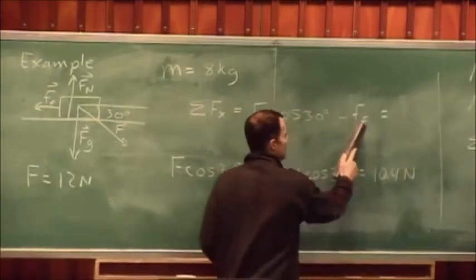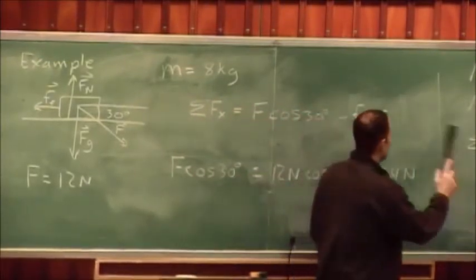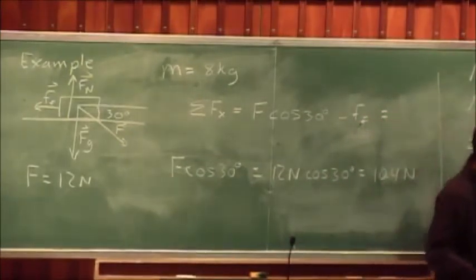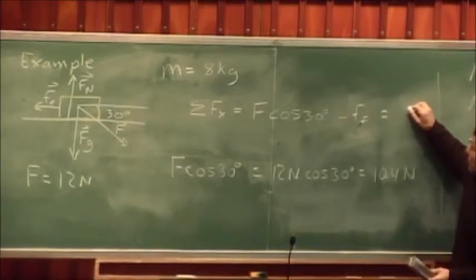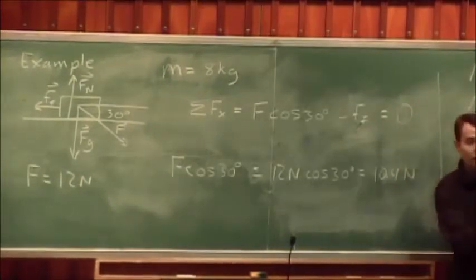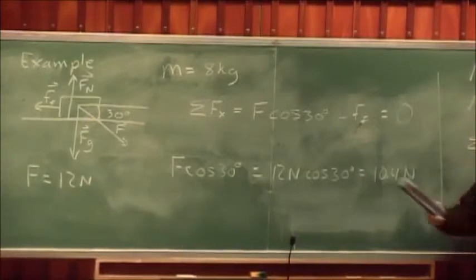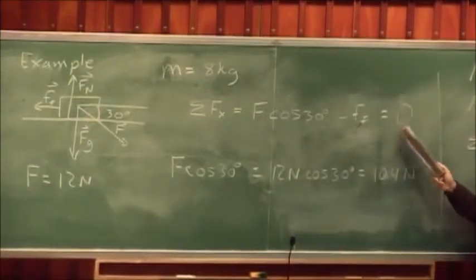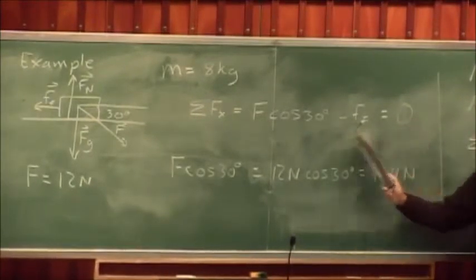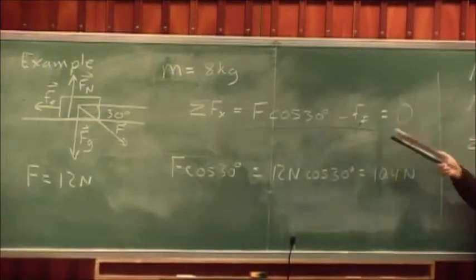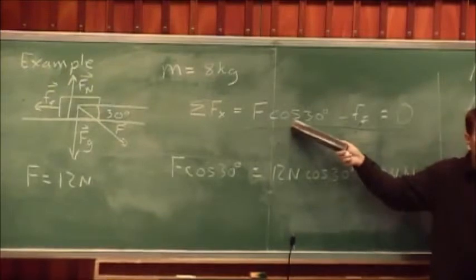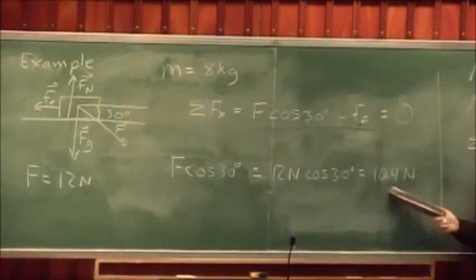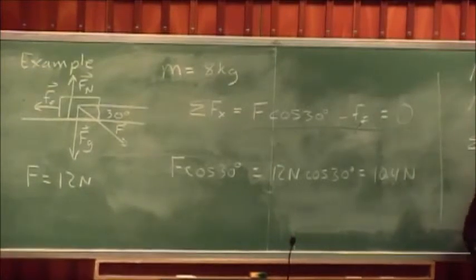The maximum force that we can have is much greater than 10.4, and so it's not accelerating, because the friction would make it go backwards. So we're assuming that it's not accelerating, and so we have this equation, and we can see that the frictional force is going to be equal to F cosine 30, which we determined earlier was 10.4 newtons. Okay? So the frictional force is 10.4 newtons.